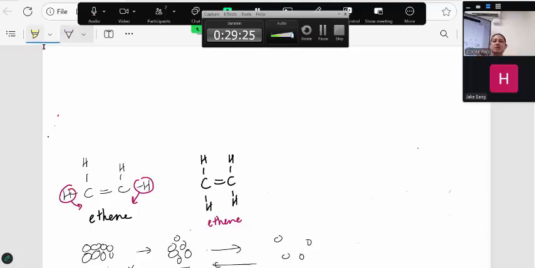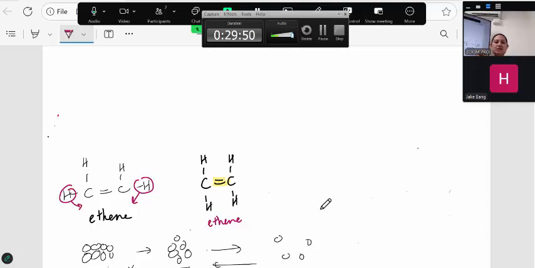Okay, can you see here there's a double bond? Double bond means the ethene, their hands are like that. Because of the double bond, the hands are folded like this. Can they open their hands and hold hands? Yes. They can do that when you compress them under high pressure with a catalyst.